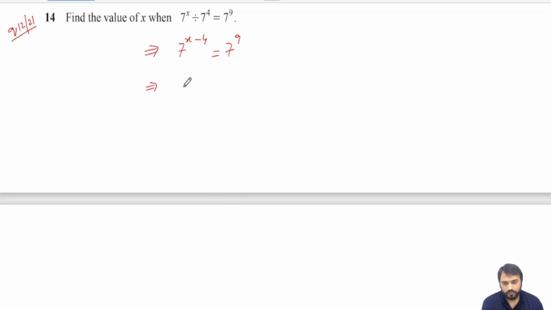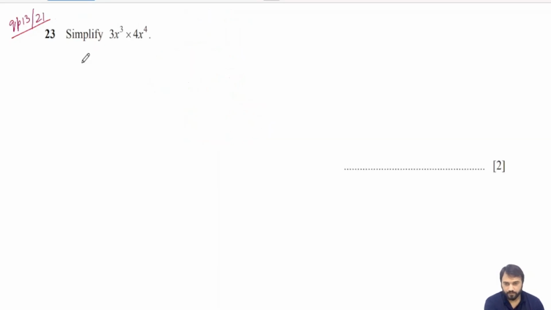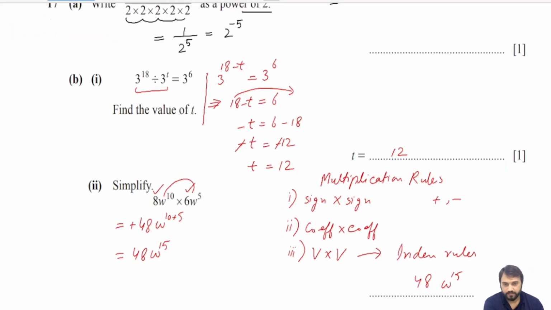Now put powers equal to each other like this. X minus 4 is equal to 9. And we have to calculate the value of x. 4 will move. When it moves, the sign will change. So x is equal to 9 plus 4, that is equal to 13. This is our answer.